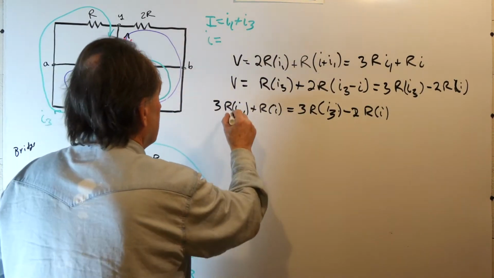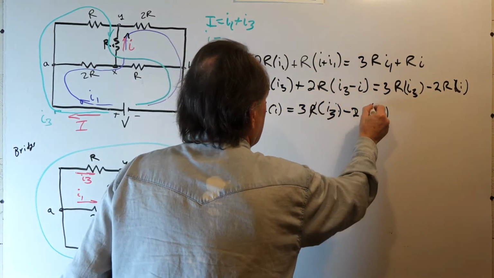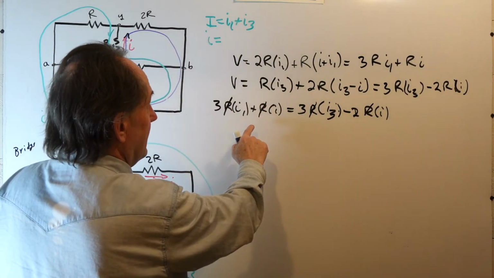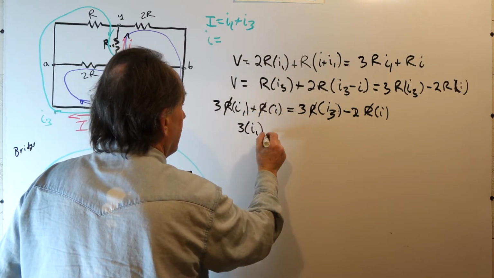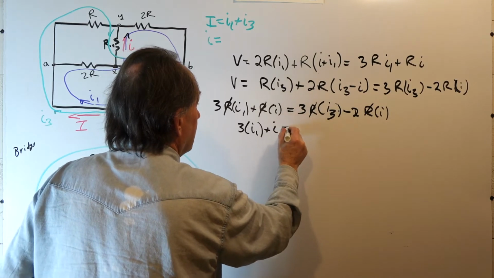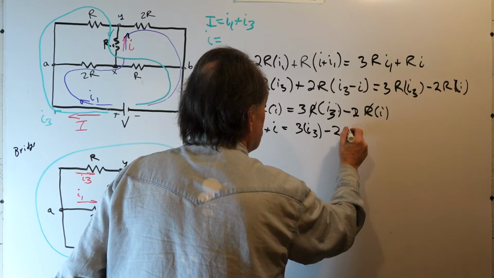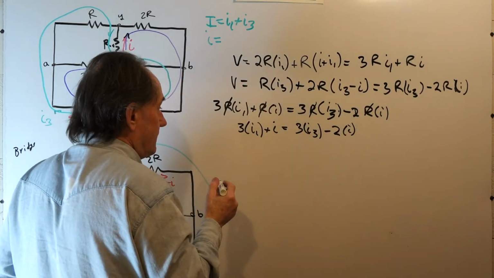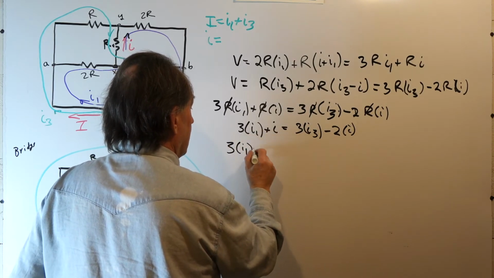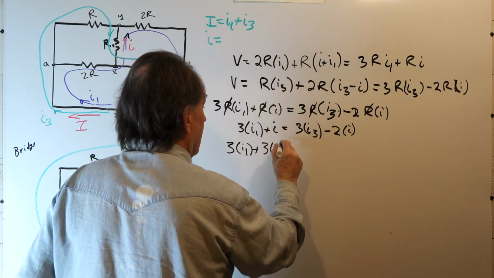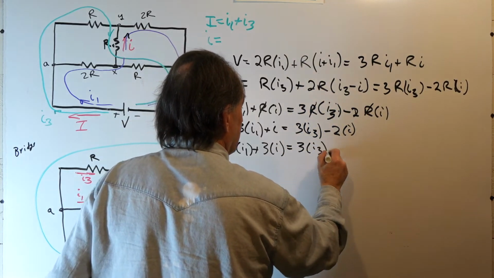Now we can cancel out our R's, and we notice that we have 3I1 plus I is equal to 3I3 minus 2I, or we have 3I1 plus 3I equals 3I3.